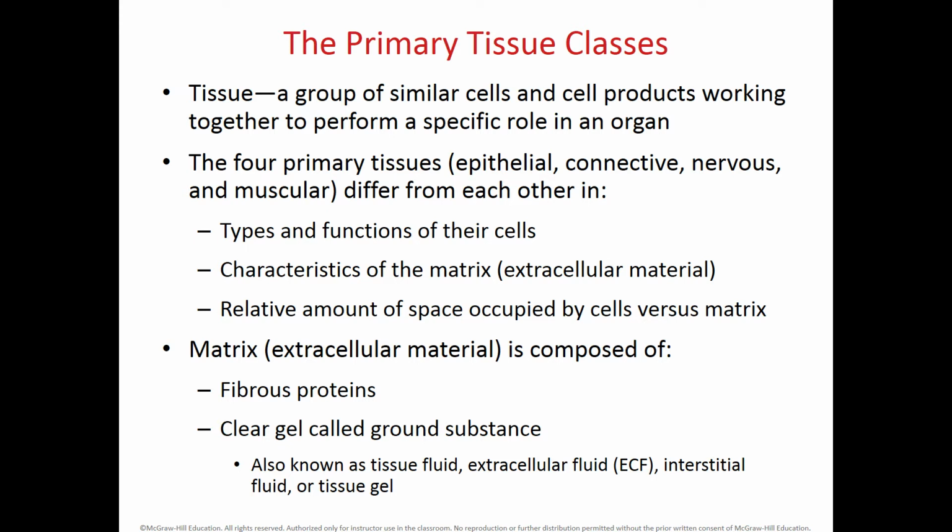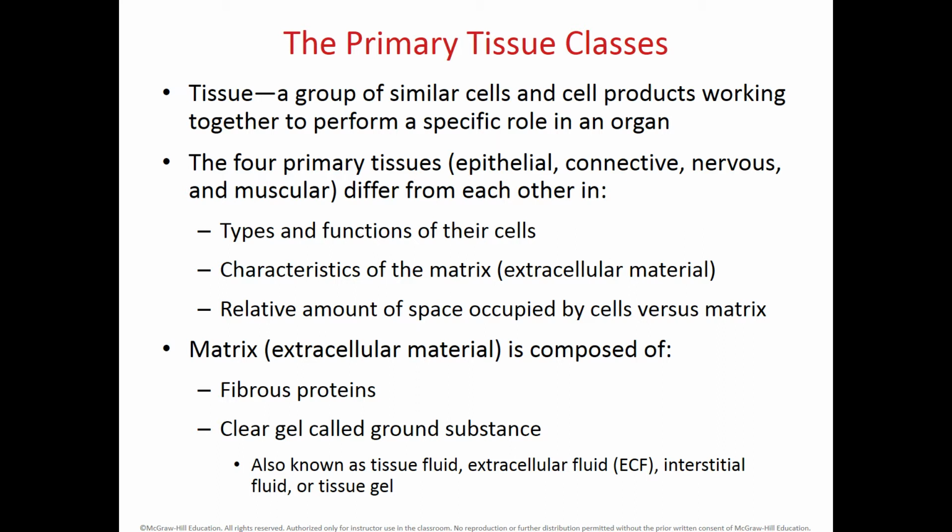Now, some representative locations of epithelial tissue will be the epidermis in our skin, the inner lining of the digestive tract, the liver, and other glands. Representative locations of the connective tissue will be tendons and ligaments, also cartilage, bone, and blood.